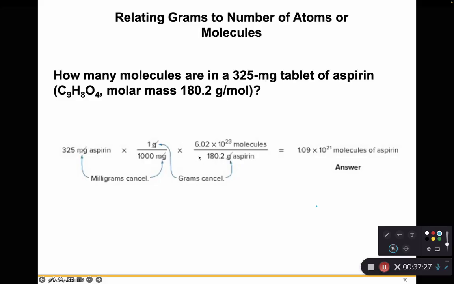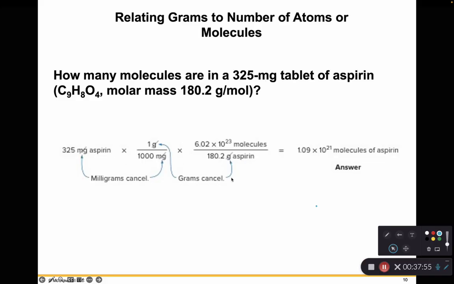One mole of aspirin will have this many grams of aspirin, and 1 mole of aspirin also has this many molecules, Avogadro's number of molecules of aspirin. I can write directly here, but I prefer to have one more step where I show 1 mole divided by 180 times 6.02 divided by 1 mole. I would like that.